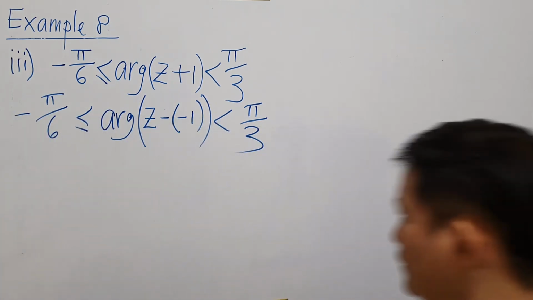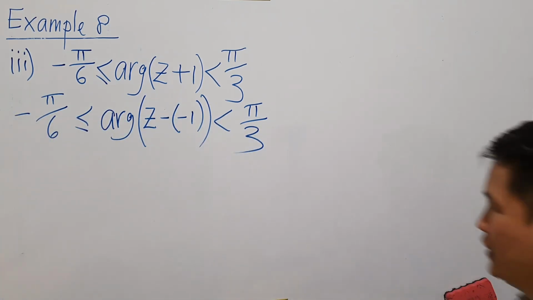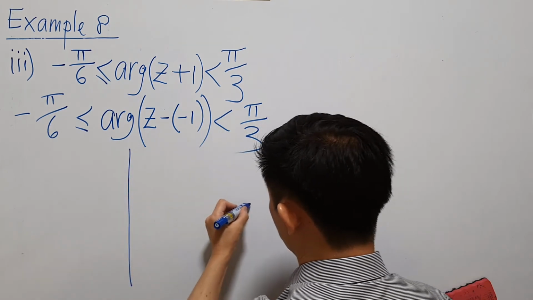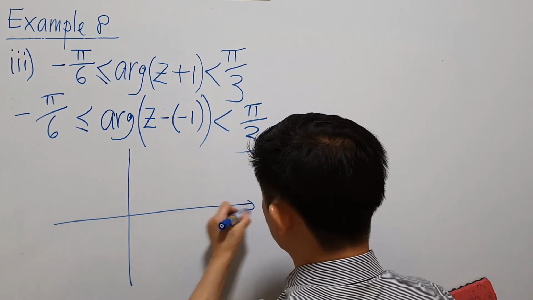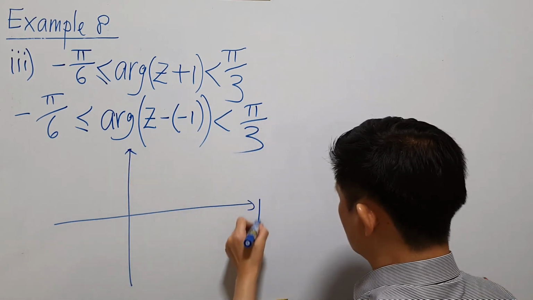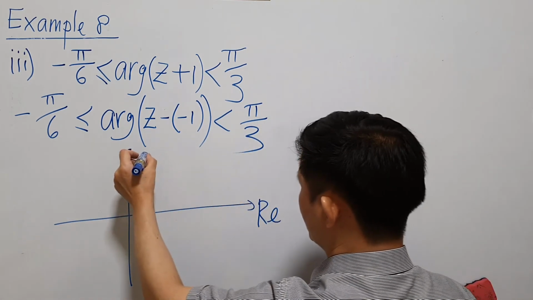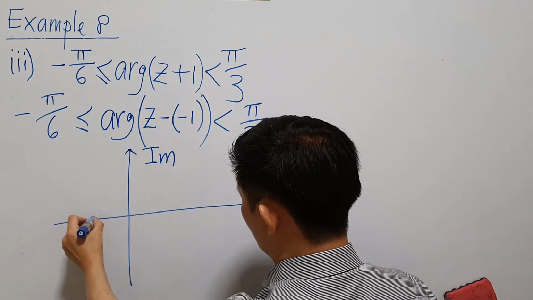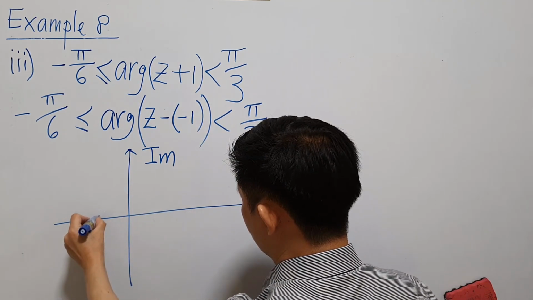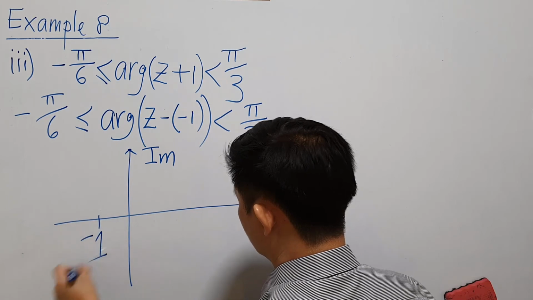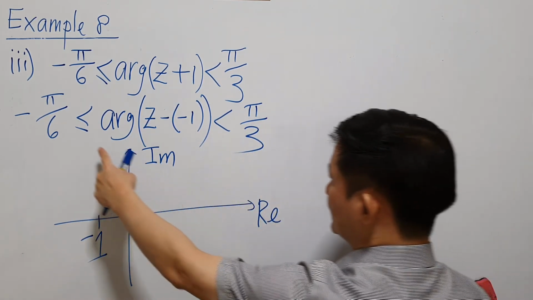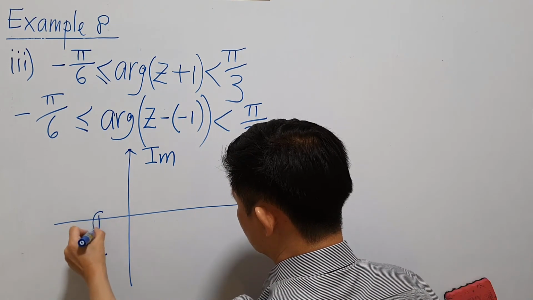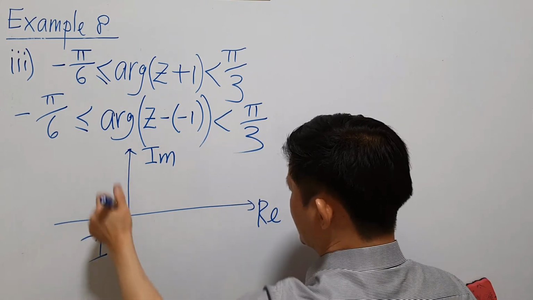So taken together, what you want to draw is actually two half lines. This is real and this imaginary, starting from the point minus 1. So minus 1 is here. You want to draw a half line starting from this point with an angle of minus pi over 6.